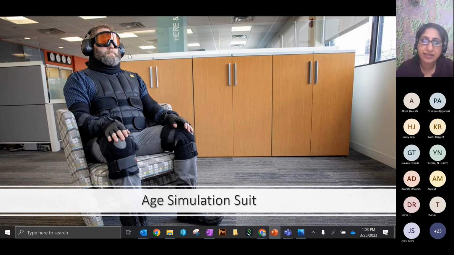He's wearing glasses which enable him to see a blurred vision. He is wearing weight on his legs so that it's difficult for him to walk. He also has a neck brace, if you realize. So basically, a suit which will increase empathy in building the design of whatever product is meant for an audience which is a senior citizen.